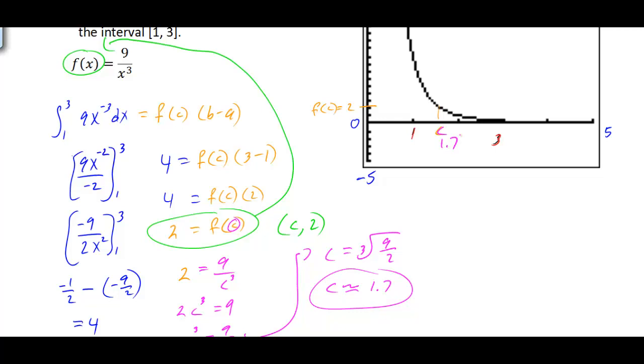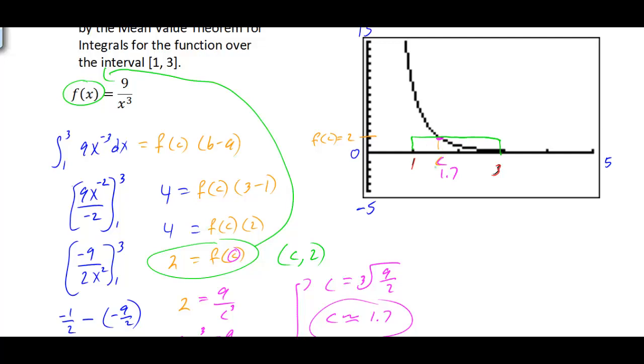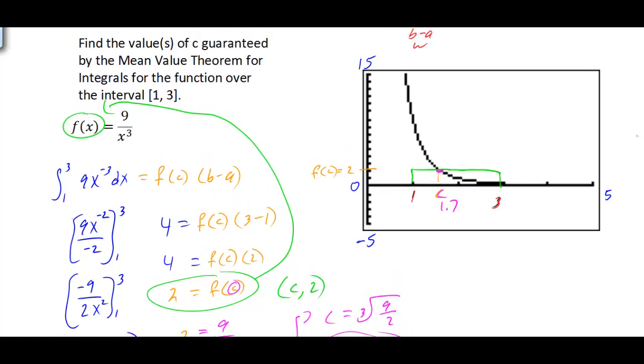If we draw the rectangle, at 1.7 is our c value, and the rectangle would start here at 1, go up 2, that's our f of c, and then over and down at 3. So the area underneath this rectangle is the area that is underneath the curve. That is applying the mean value theorem to find this c, and we also found f of c.